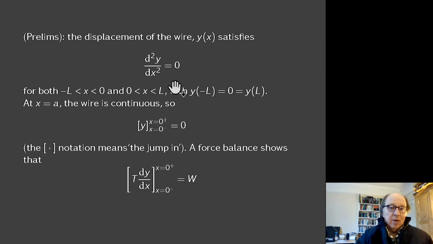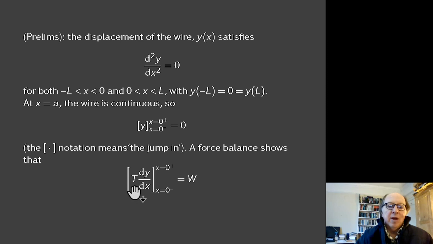So, writing that down as differential equations, you have d2y by dx squared is 0 away from the weight, and at x equals 0, which is where the weight is, the wire is continuous, so there's no jump in the wire. This square bracket notation means a jump. And then here's your force balance.